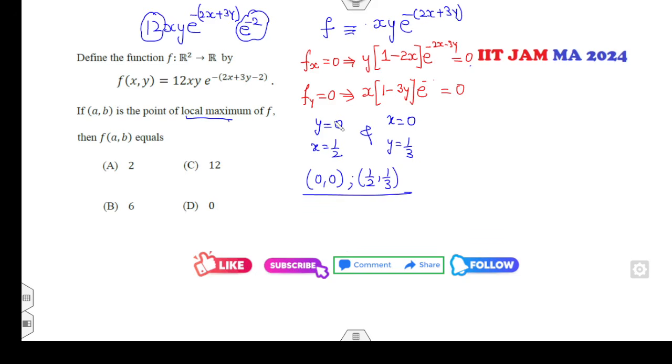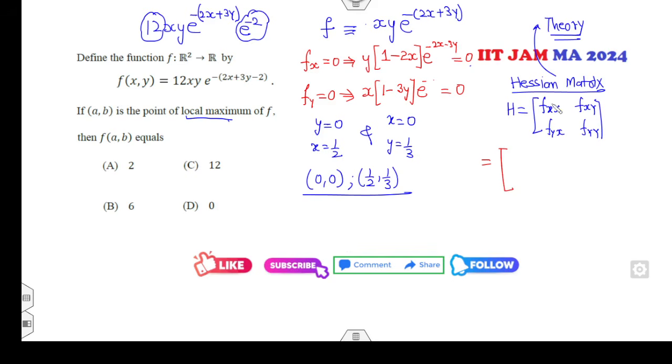Fine. Now how you can check about the matrix? You have to define the Hessian matrix. Fine. I can define as H, which is fxx, fxy, fyx, fyy. For more detail, you can watch my theory lectures related to the Hessian matrix.